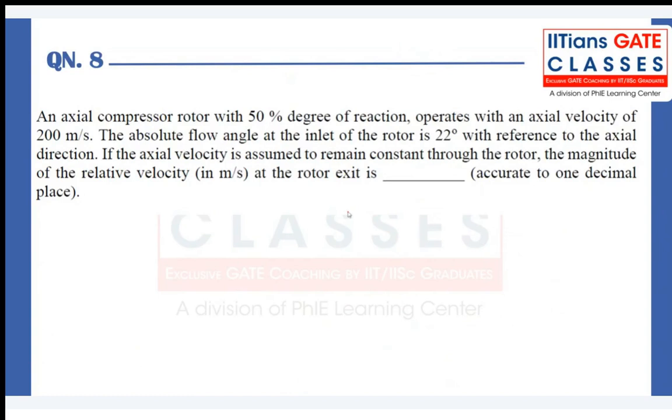Very good question. So I have an axial flow compressor stage. Say I am taking one rotor, which is rotating in this direction with velocity U. So I have a flow, absolute flow, which is coming at an angle with respect to axial velocity CA, that is alpha 1, which is given to be 22 degree. So that is given in the question.